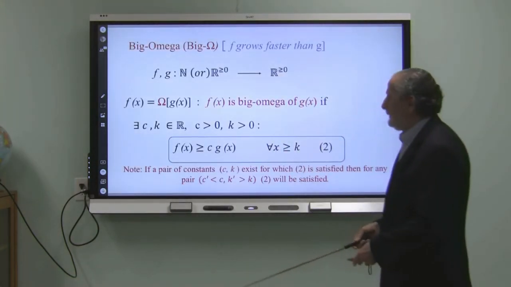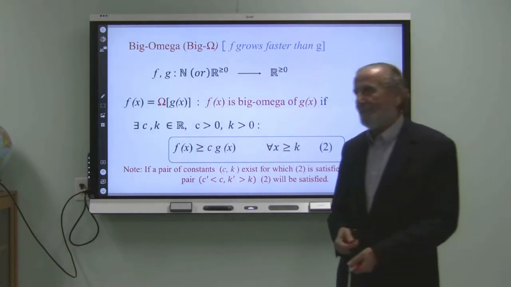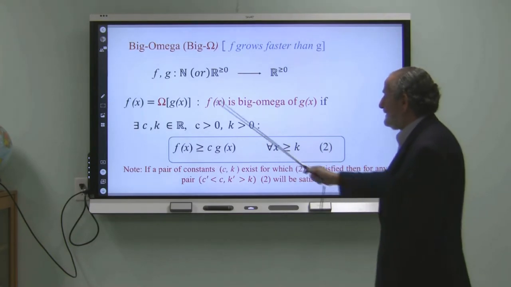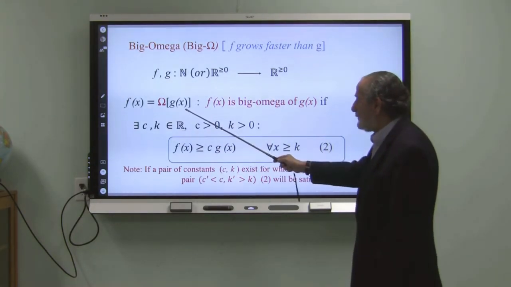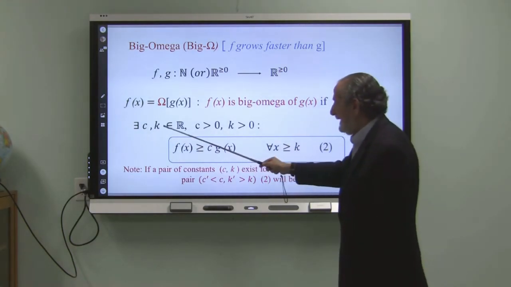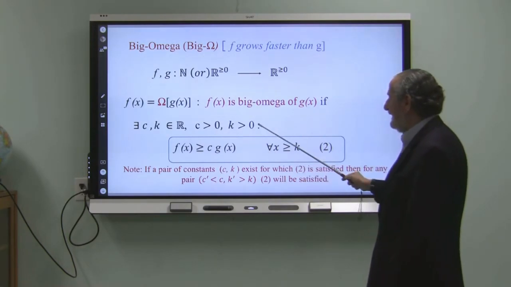Okay, now I'm going to introduce one of big O's sisters, big omega. The same situation here, and we say f(x) is big omega of g(x) if again there is a c and a k positive from R, c is positive and k is positive.